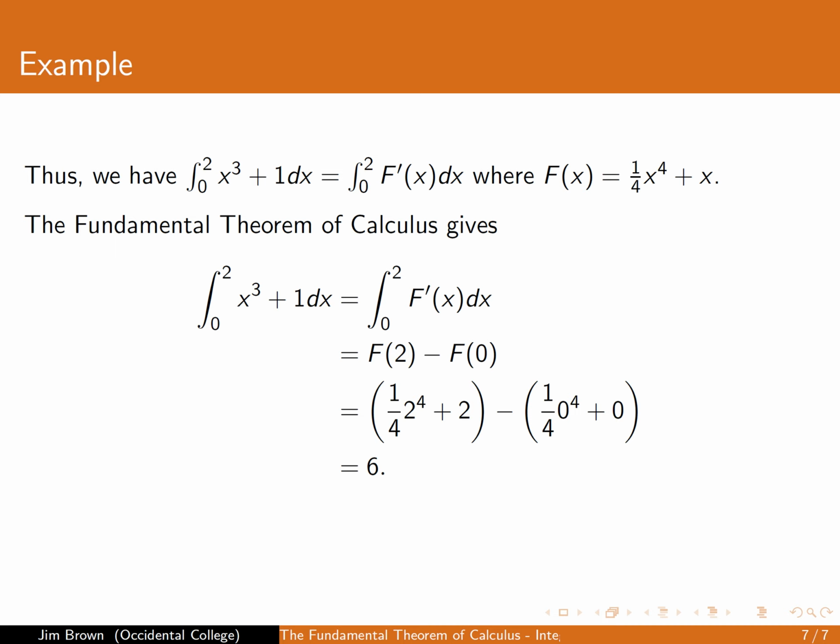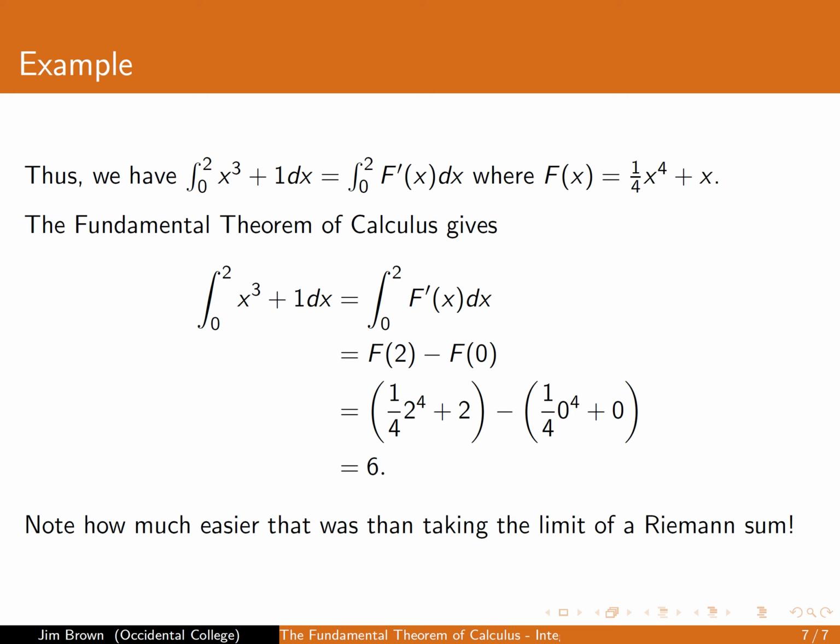Then the fundamental theorem tells me, since I've written the integrand, the thing we're integrating, as an F prime of x, to evaluate the definite integral, it's just F at one endpoint minus F of the other endpoint. And then we just plug those in to F. So I have 1/4 times 2 to the fourth plus 2, minus 1/4 times 0 to the fourth plus 0. That first term is 16 over 4 plus 2, so 4 plus 2. So we just get 6 out of this.